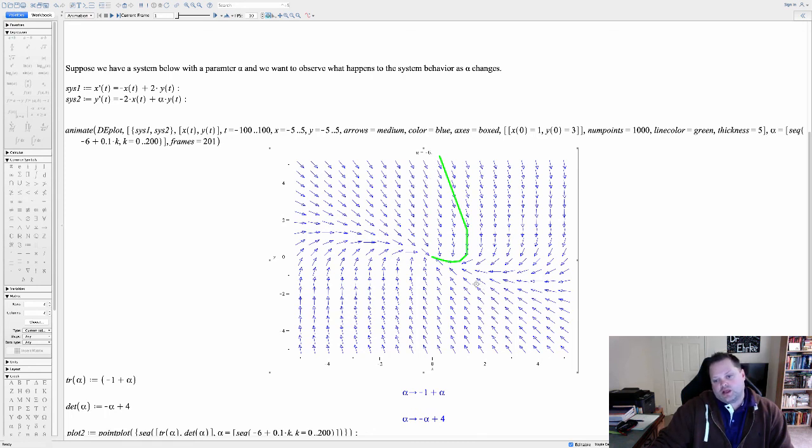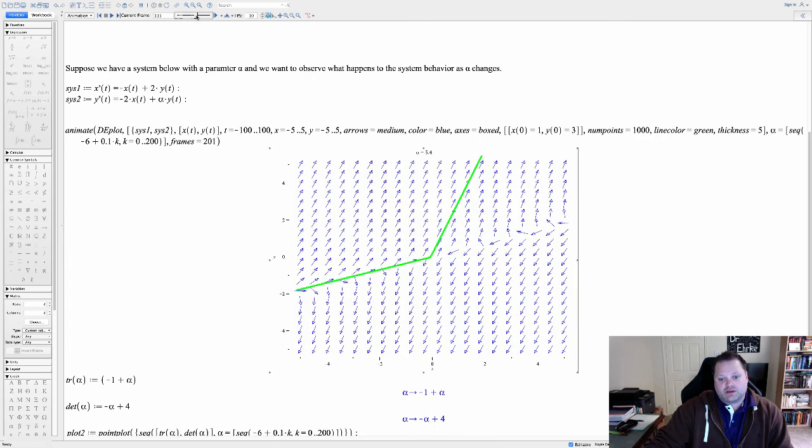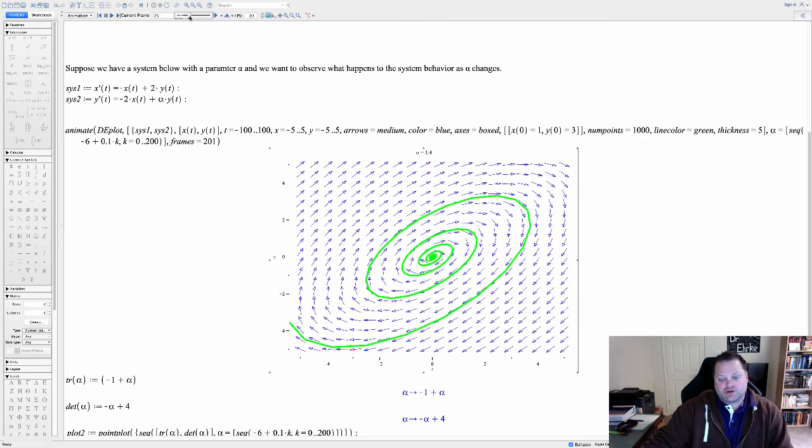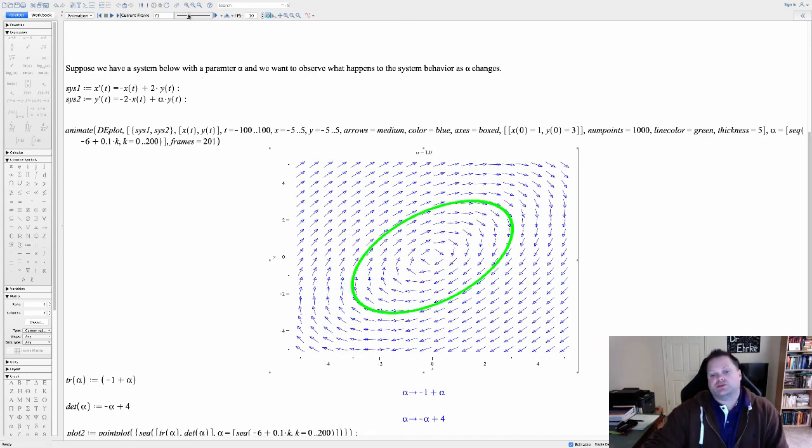You've got the one line of eigenvector there. You've got another straight line eigenvector like right around here, and it sinks in over time. Then watch, it goes from sink to spiral sink to center, if I could get it just right, almost to center, right? The value that we had for center was alpha equal to 1. So if alpha is 1, right there, there's our center.